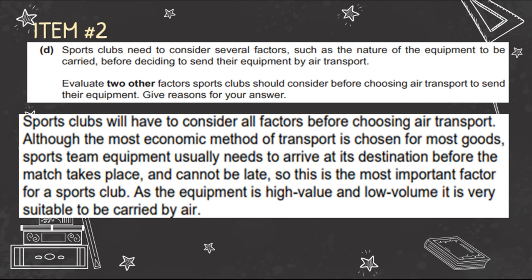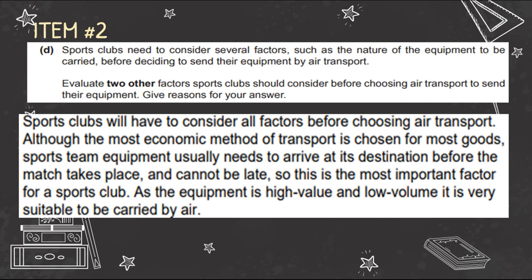Next question, for item number 2: sports clubs need to consider several factors such as the nature of the equipment to be carried before deciding to send their equipment by air transport. Now we're talking about here how to distribute the product or service in one place. The distribution.